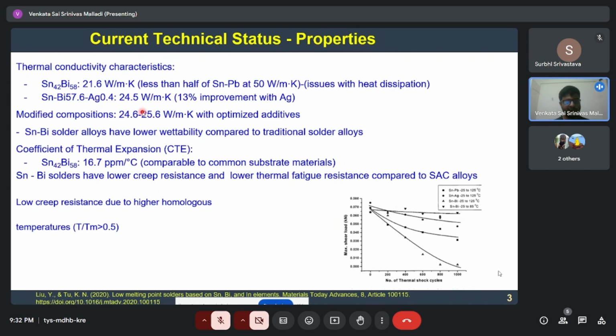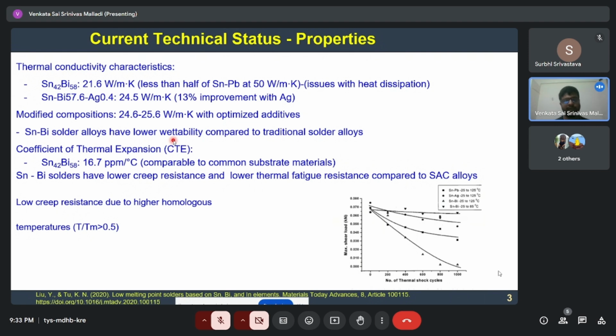This thermal conductivity can be increased by alloying addition. As we can see here, by adding silver at 0.4 mole fraction, we can increase the thermal conductivity by 13%.